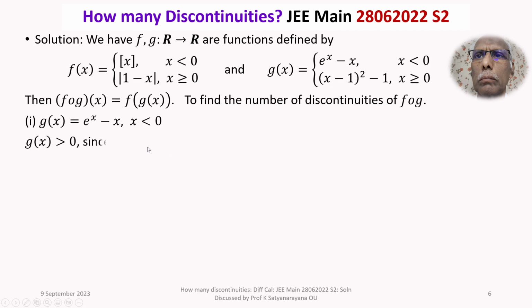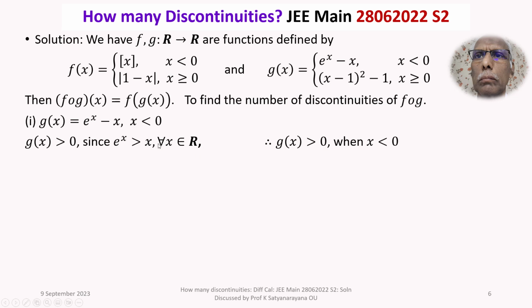Now notice that g of x is always positive. Why? g of x is e power x minus x, and it is known that e power x is always greater than x for all x belongs to R.